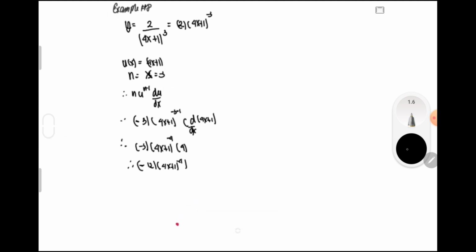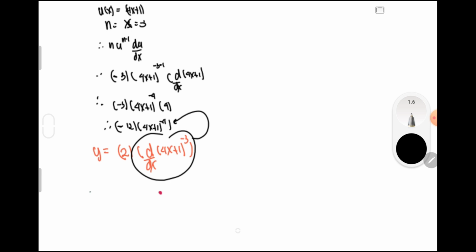So take note that we will have a value equal to y equals 2 multiplied by the derivative of our 4x plus 1 raised to negative 3 with respect to dx. So therefore, this is equal to this one.